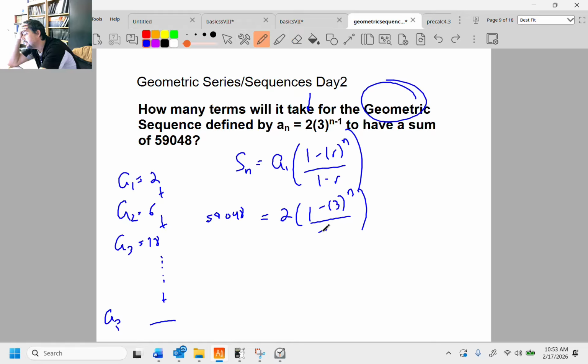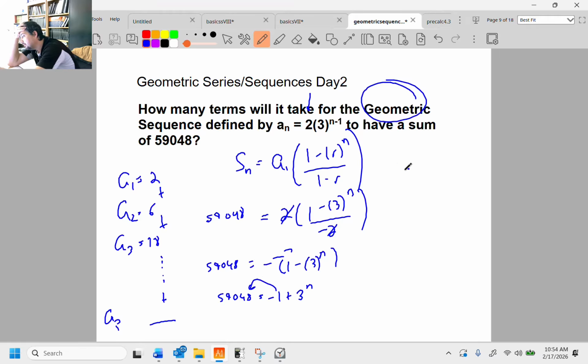I know that that's a negative 2. 2's cancel. So 59,048 is negative, because 2 over negative 2 is negative 1, times 1 minus 3 to the n. Now, let's just distribute that negative. 59,048 equals negative 1 plus 3 to the n.